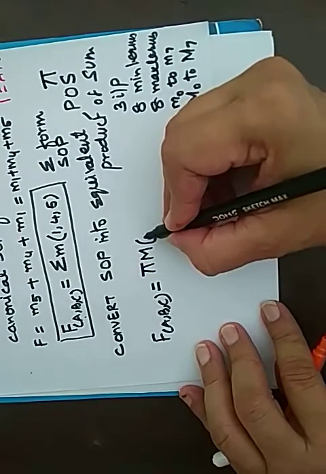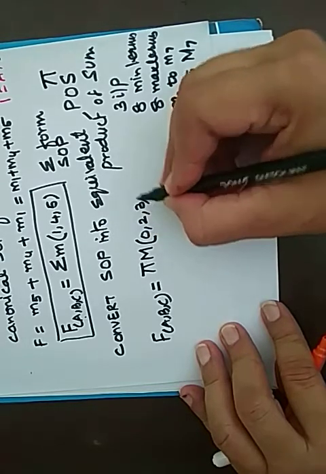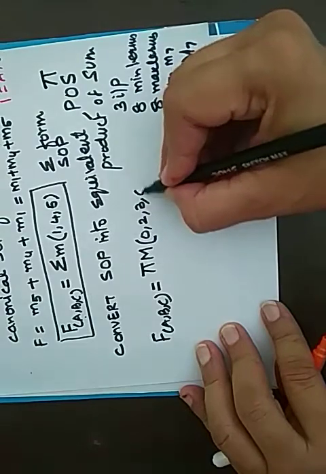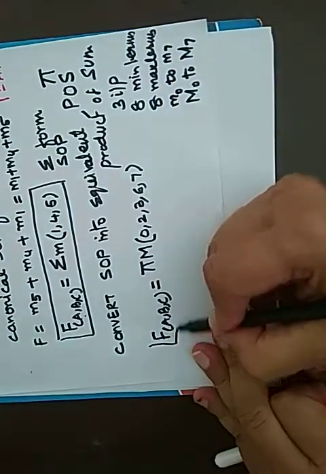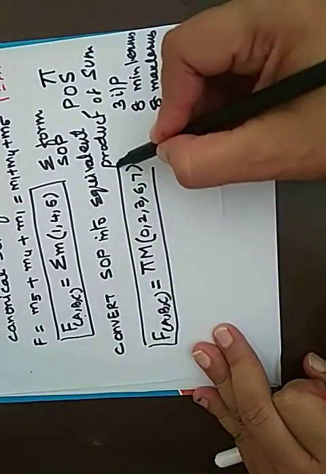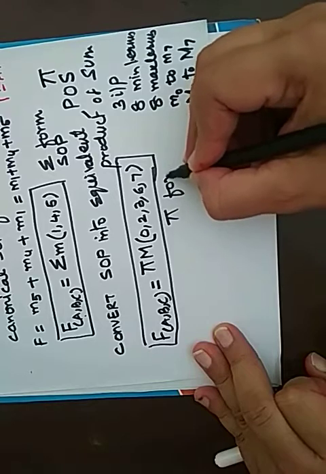So you are left with 0, 2, 3, 4 is there, 5 is there, 6, 7. So this is the equivalent pi function. This is called as the pi form.